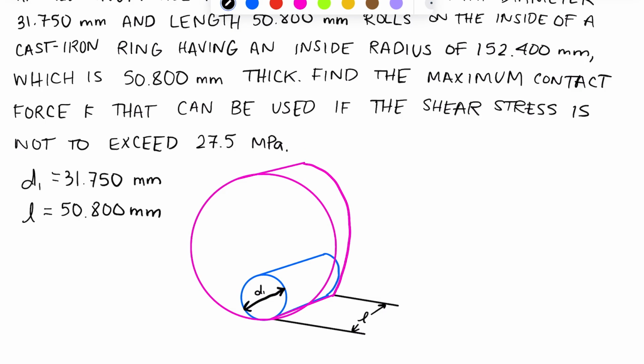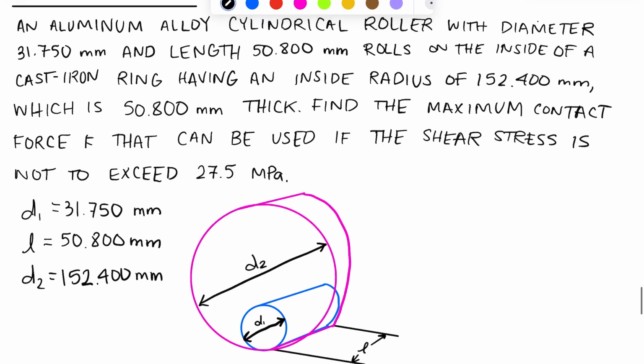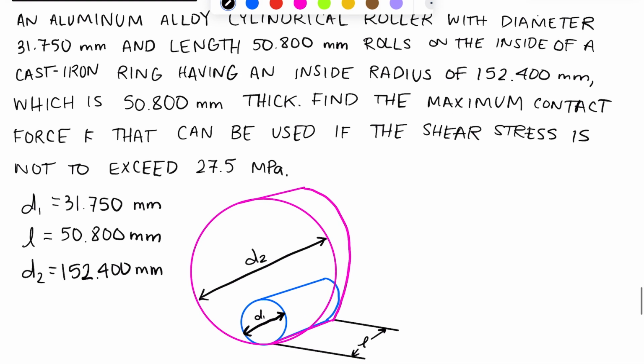We have the diameter of this ring, D2. It's 152.4 millimeters. Oh wait, that's the radius. That's tricky. Okay, so the diameter is going to be 2 times that. And we got our thickness.